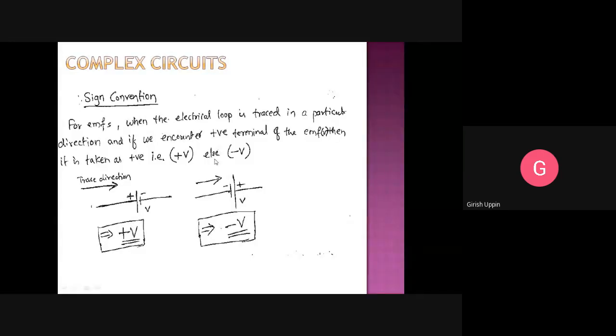If you come across the negative plate, you are going to take that voltage as minus. So this is the direction of tracing, and if you come across a positive plate, and let us say this is 20 volts, you will take that as plus 20.